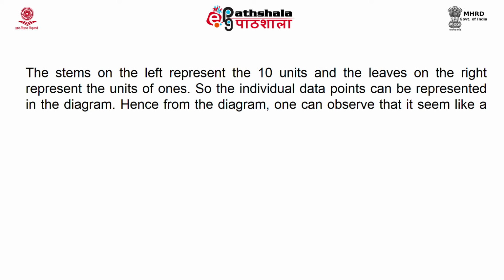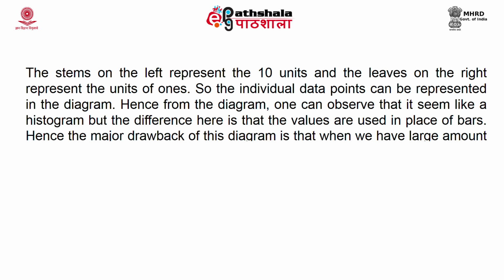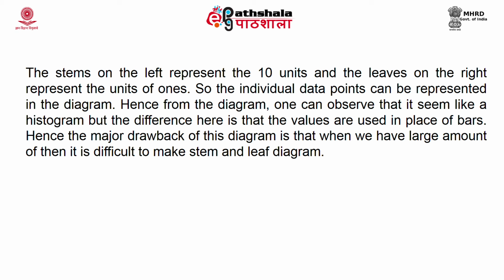Hence, from the graph one can observe that it seems like a histogram, but the difference is that values are used in place of bars. The major drawback of this diagram is that when we have a large amount of data, it is difficult to construct a stem and leaf diagram.